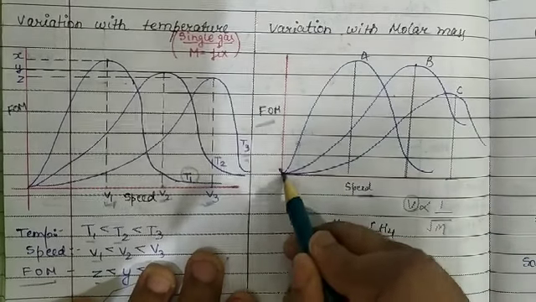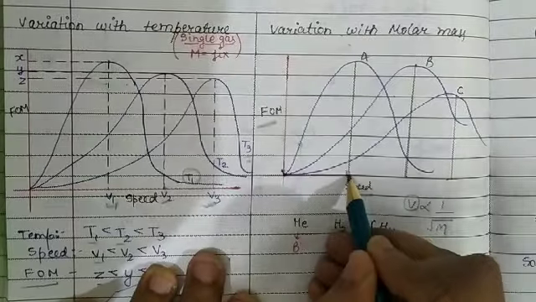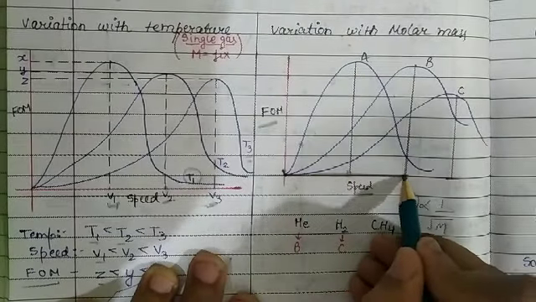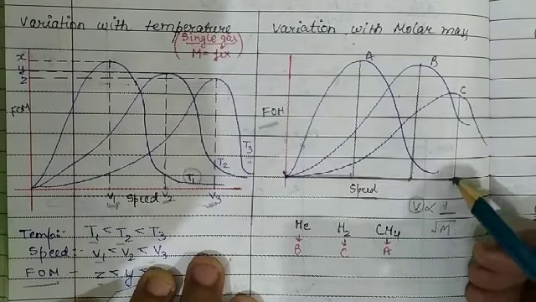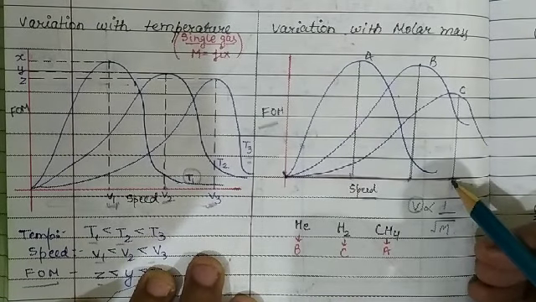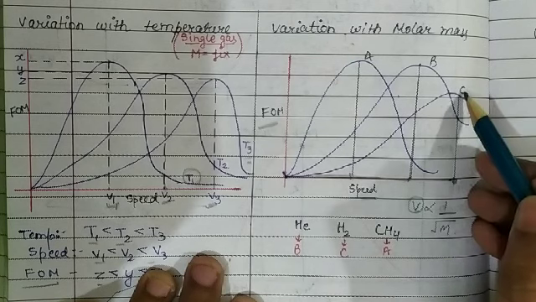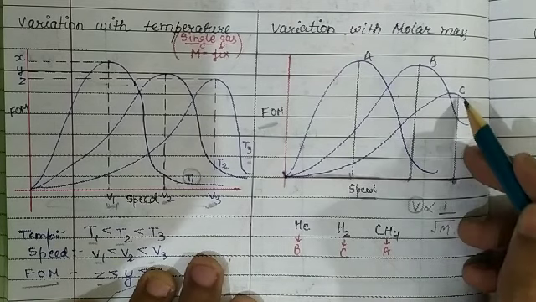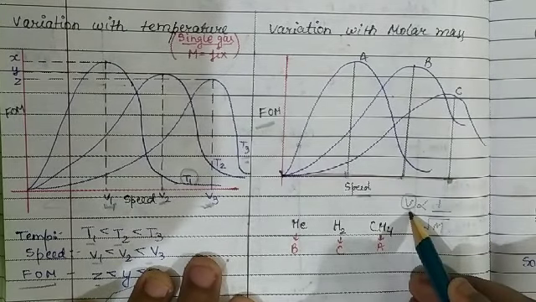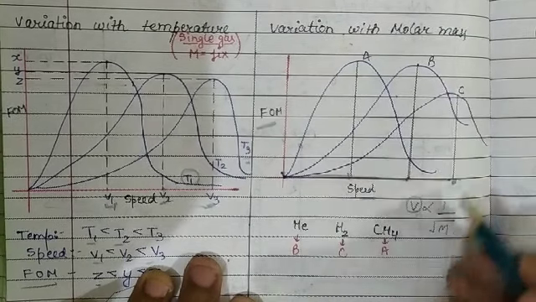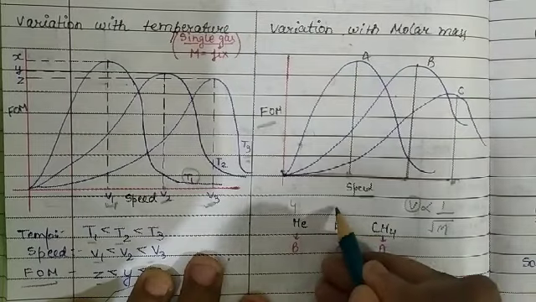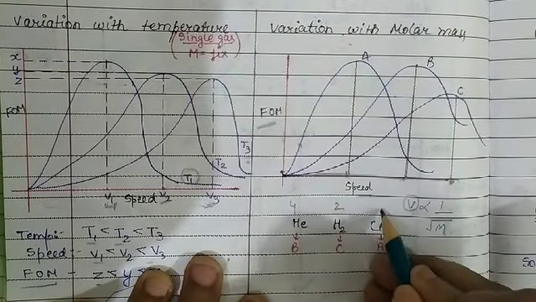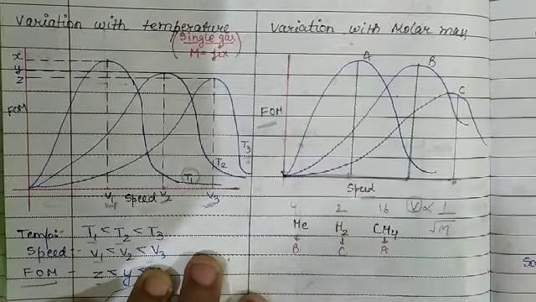So this is the velocity of VA, this is the velocity of VB, and this is the velocity of VC, the most probable speeds. The most probable speed for C is high, which means the molecular mass for C will be low. The molecular mass of helium is 4, hydrogen is 2, and CH4 is 16.